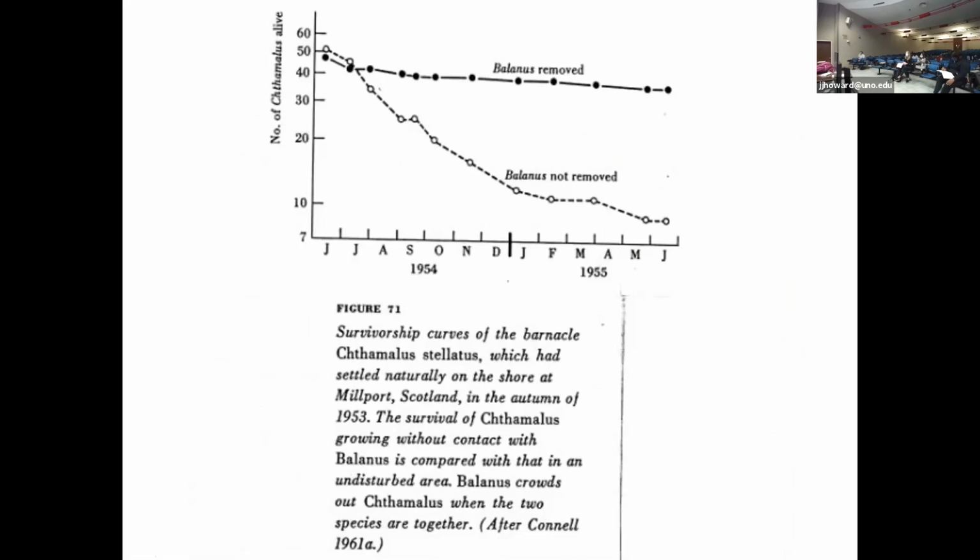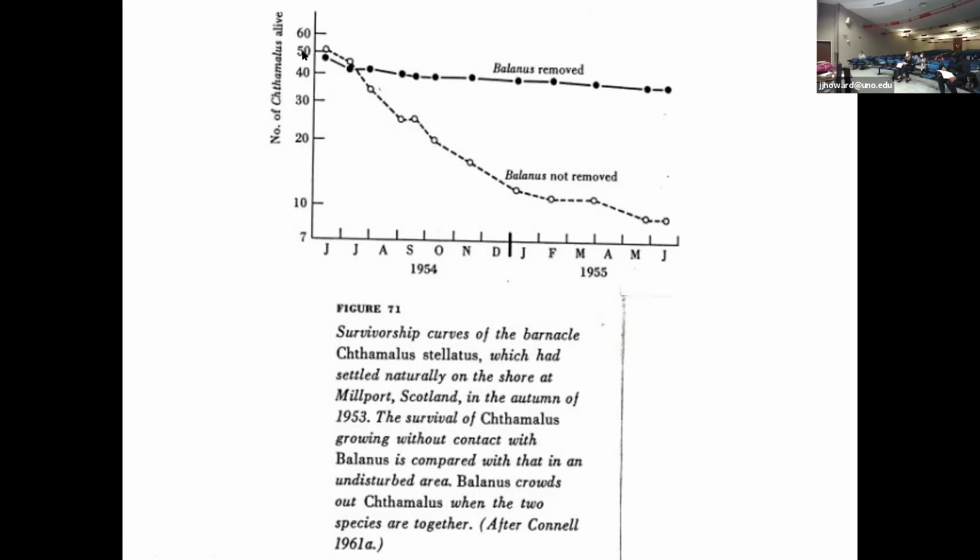We know that Balanus cannot survive in the upper intertidal. So if you remove Thamnus, it doesn't matter. Balanus can't live in that area anyway, and they don't even colonize the area. On the other hand, Thamnus can colonize the lower intertidal. Now, if you just allow the two species to work their interaction out, this is what you see.